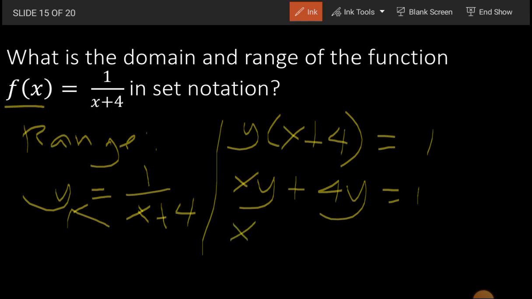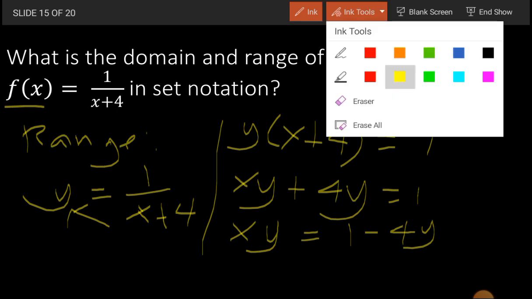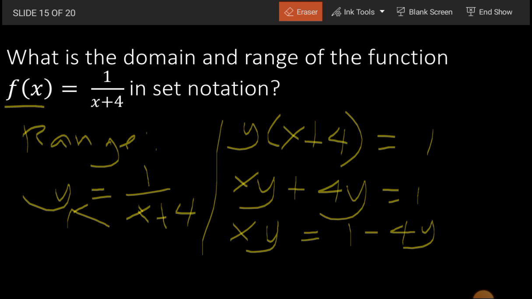So let us separate the term with x, so xy equals 1, and 4y, we bring to the right side of the equation, so it becomes -4y.